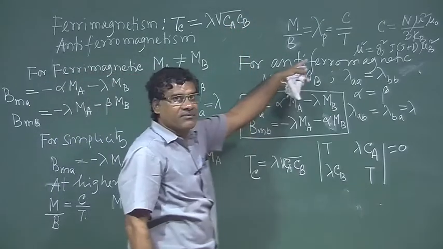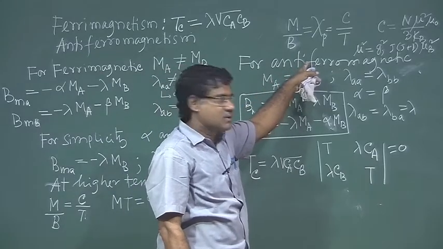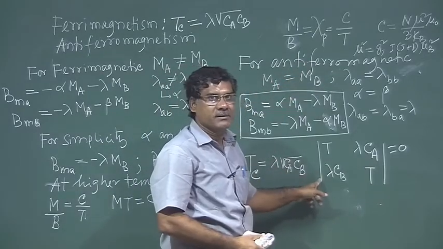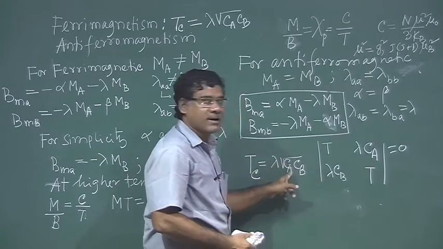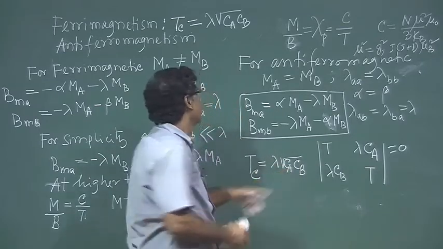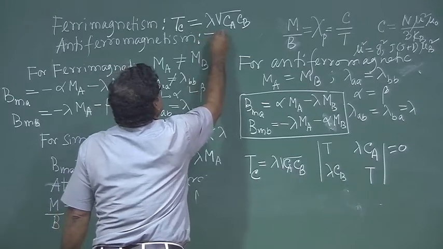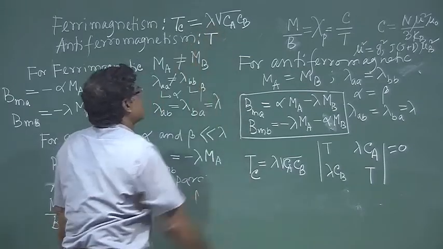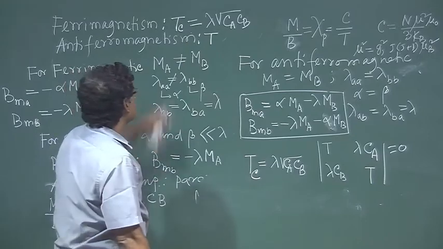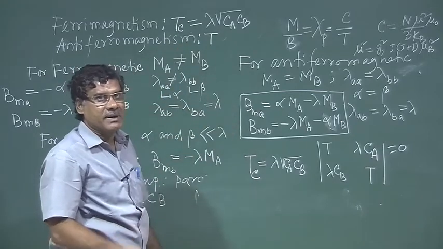Now, in the case of antiferromagnetism, as I told you, C_A equal to C_B, so the square root of C square is C, so lambda C. So, for this case, the transition temperature we get is what we call the Néel temperature.